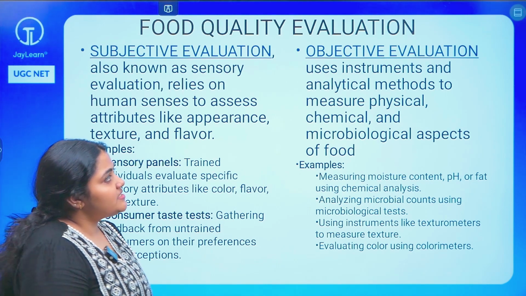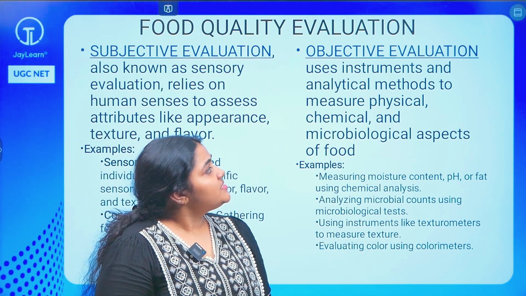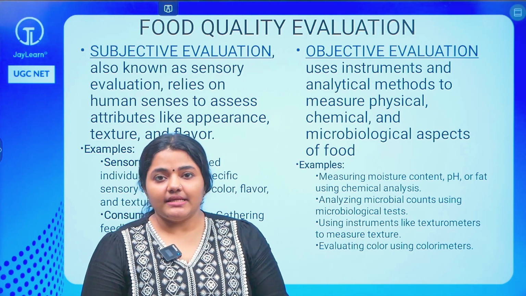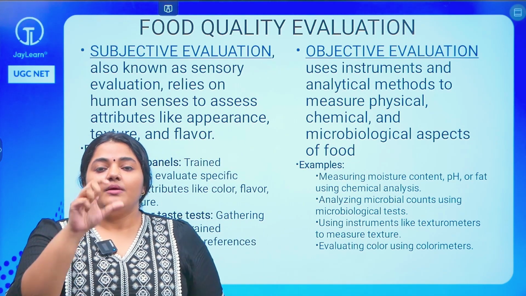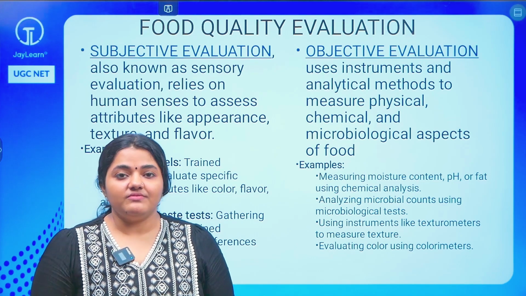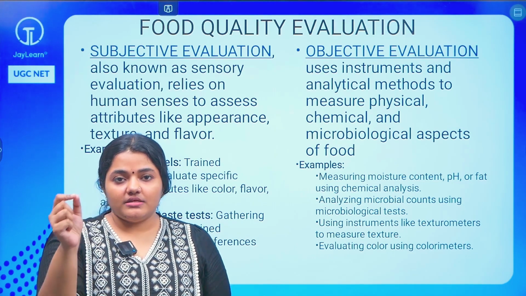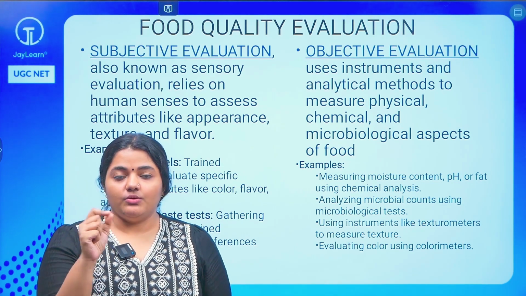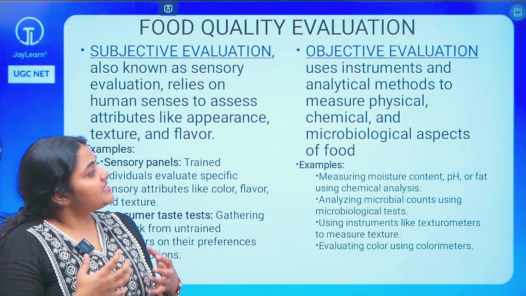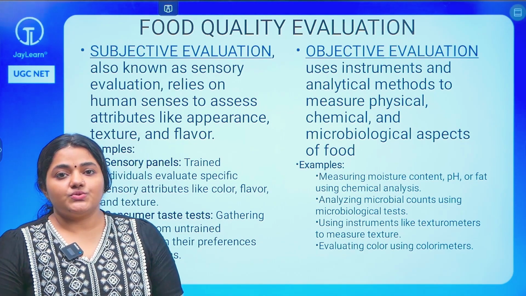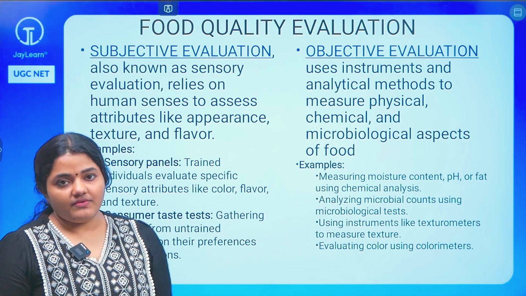The next one is objective evaluation, where we use instruments and analytical methods. If you see a food package, behind it there is nutritive information like energy value, carbohydrate value, protein value, ash value, everything. Such evaluation is objective evaluation.